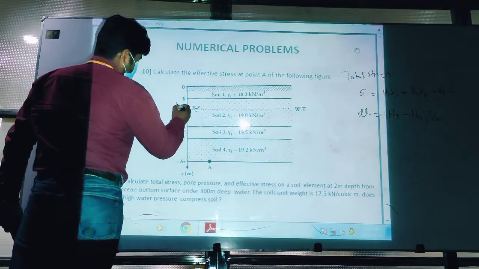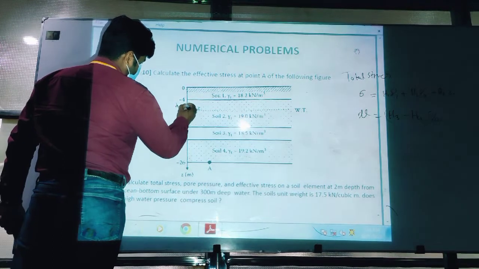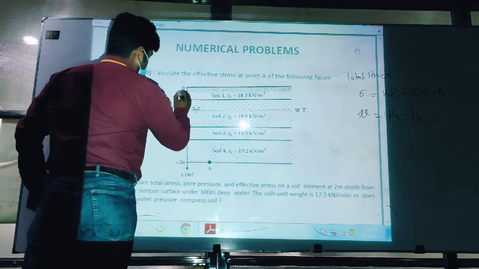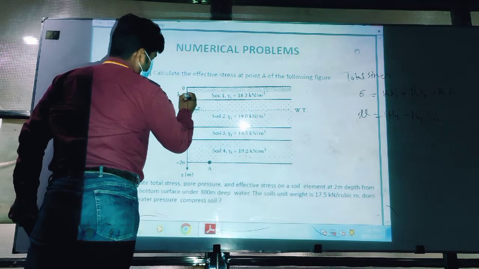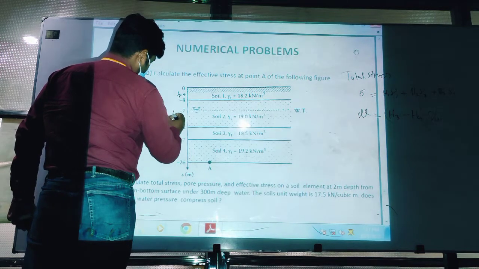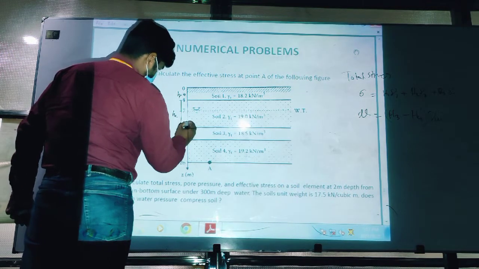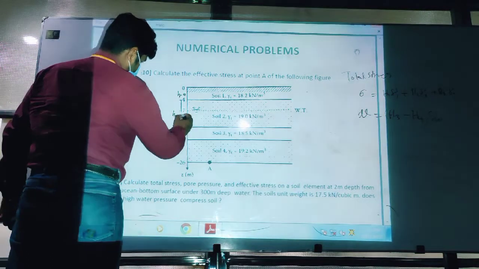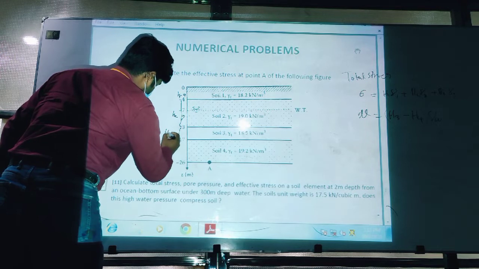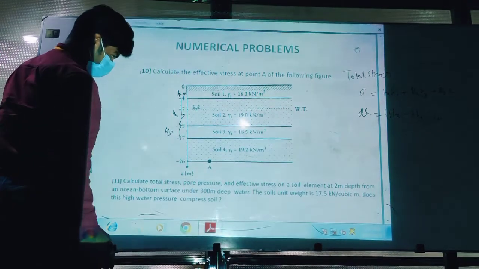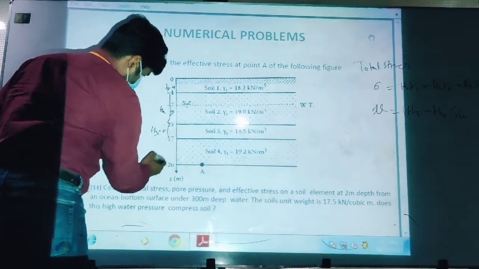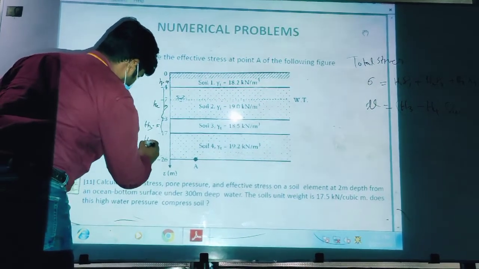This H1 is the unit. H1 is 4, H2 is 9, H3 is 5, and H4.